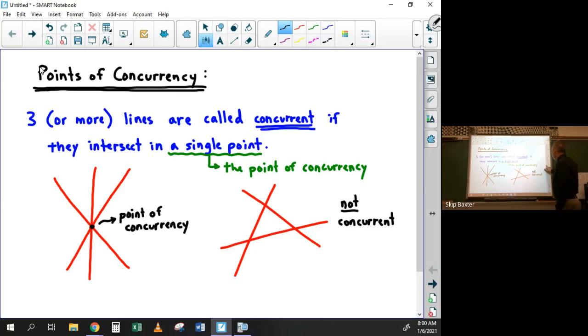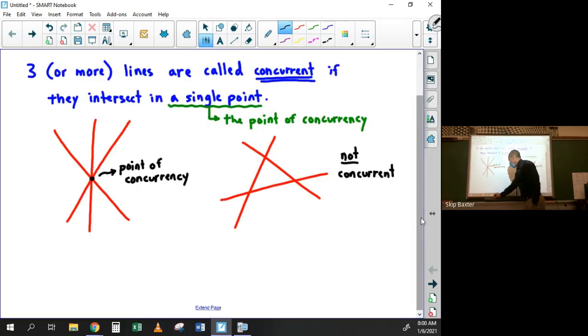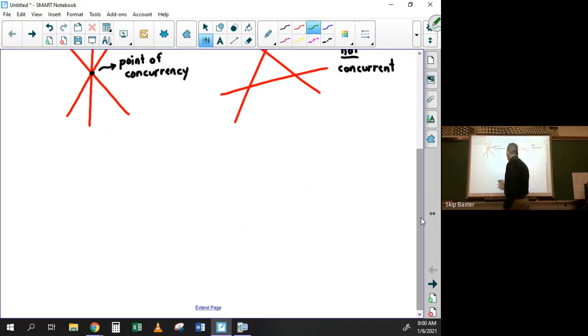Okay? So there's some important facts that have to do with the special line segments that we talked about yesterday, okay? So here they are. Okay, so first of all, the 3 perpendicular bisectors of the sides of a triangle are concurrent.